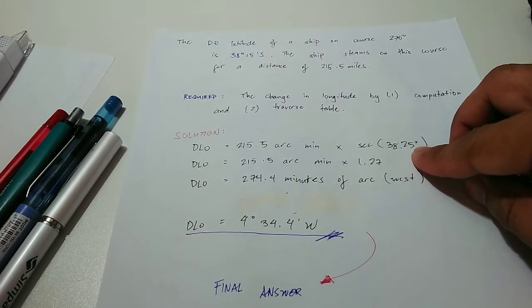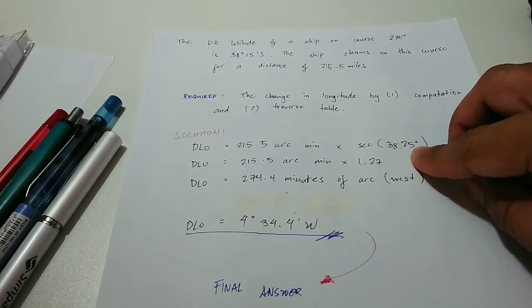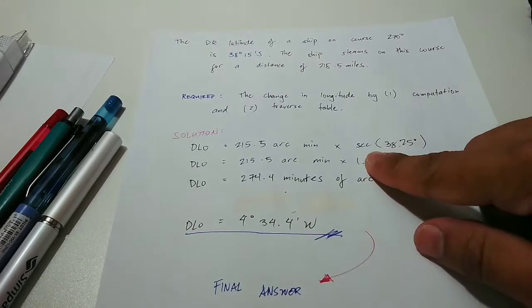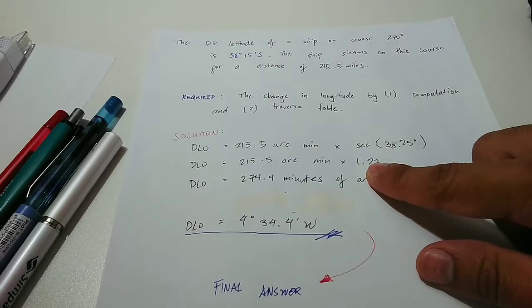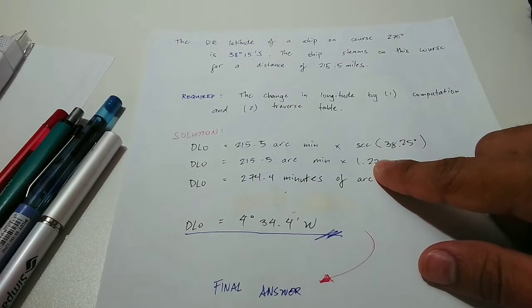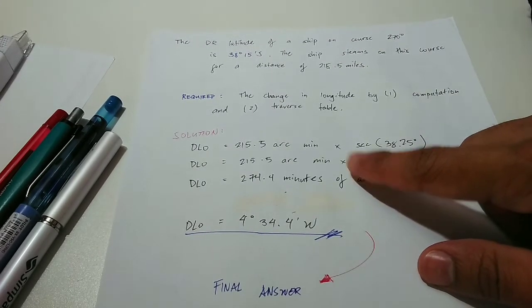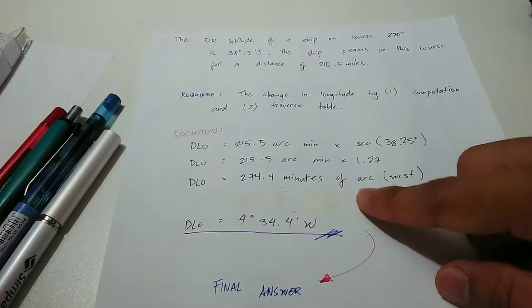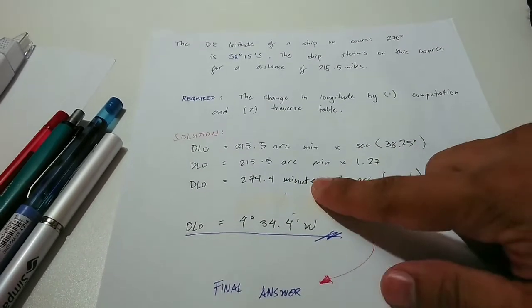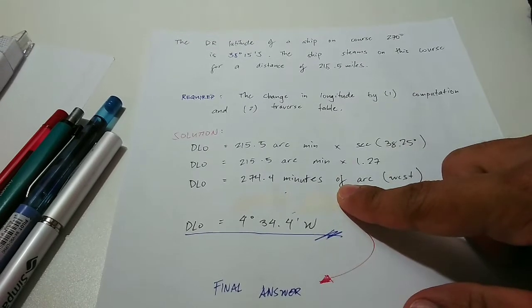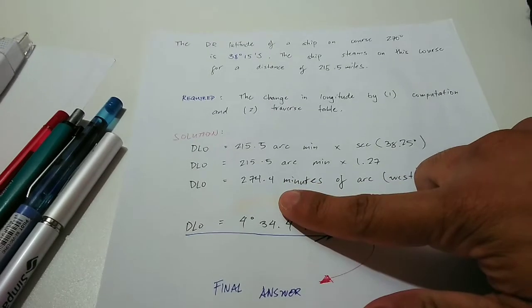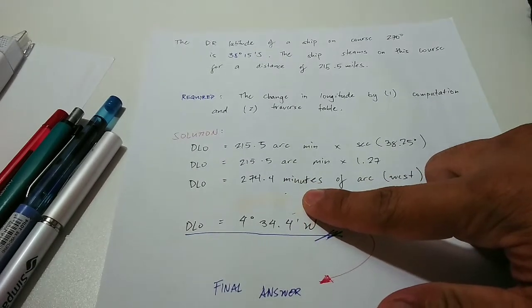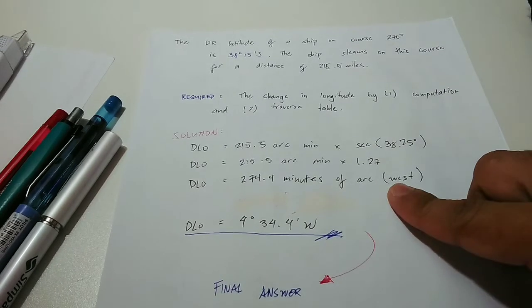If you go further and solve it for your own calculation, the secant of 38.25 degrees is 1.27. Then we multiply it by the 215.5 arc minutes. Then the final answer for the minutes of arc is 274.4 minutes of arc, west.